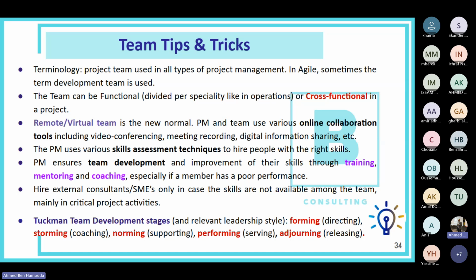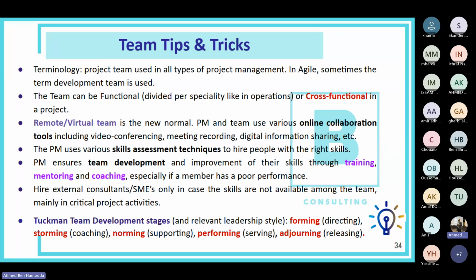However, if the question is about adaptive project management, maybe you will still see the term project team in use. But at the end, at least have an idea about the difference between these two terminologies, especially the term development team is mainly used in Agile, right?